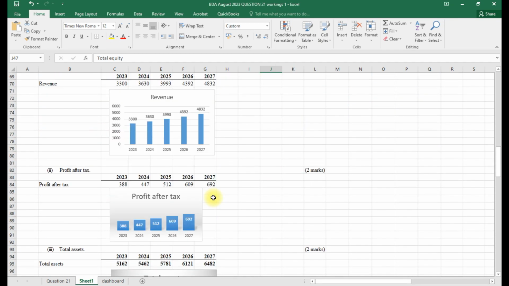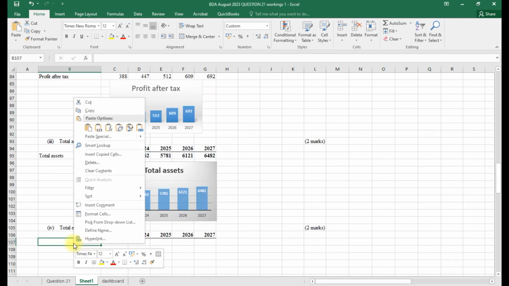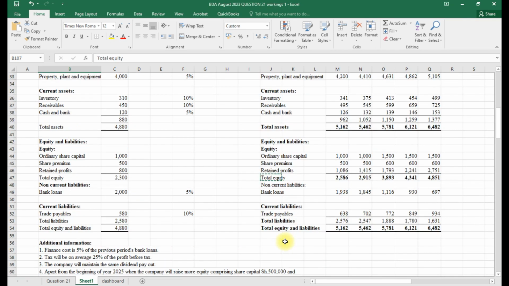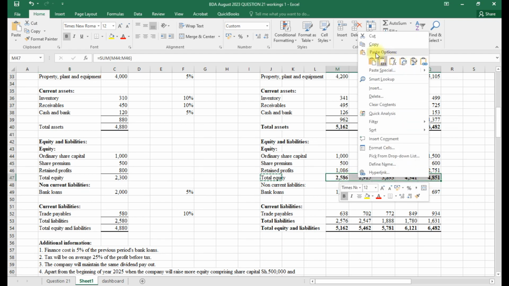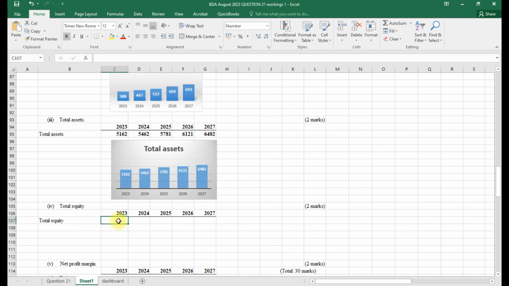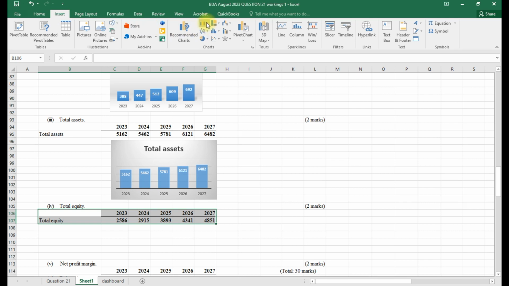I'll copy that and paste it here, my total equity. I pick this value, copy and paste it here. Convert this into number and 0 decimal place.